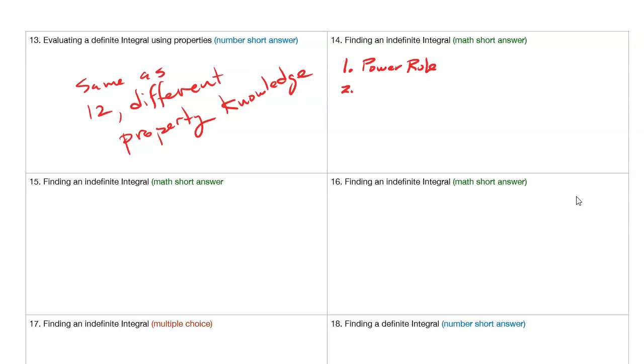You need to make sure to know how to do natural log integration, so the integral of 1 over x dx is natural log. 3 was e. 4 and 5 were trig.